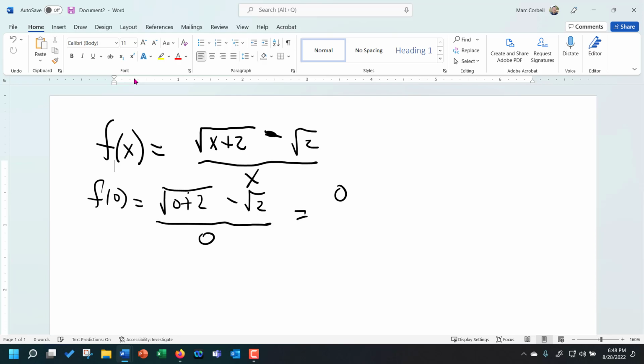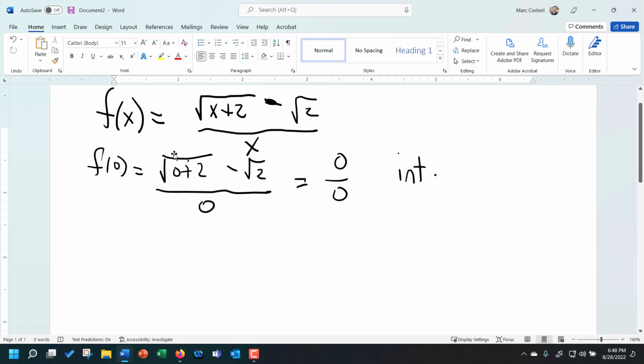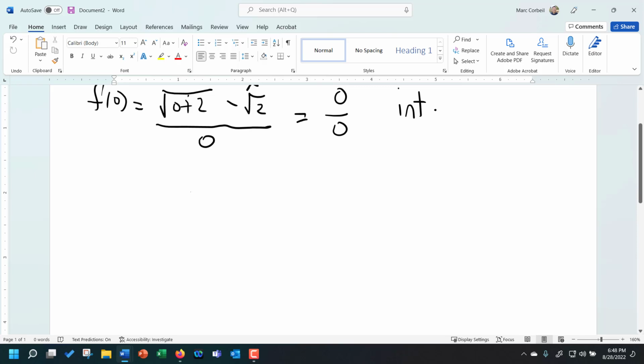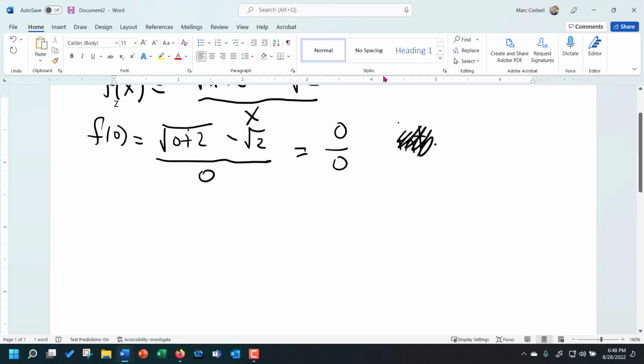And this will give me 0 over 0. Again, the indeterminate value. So that's not going to work for us. Without a limit, that is actually undefined because it is a function. So we're not doing a limit. So that's actually undefined. My bad. That is undefined.